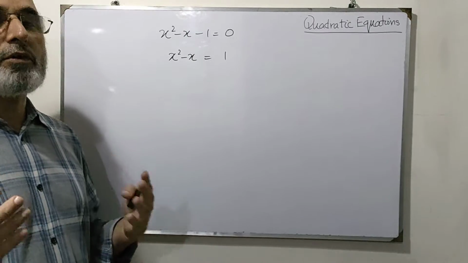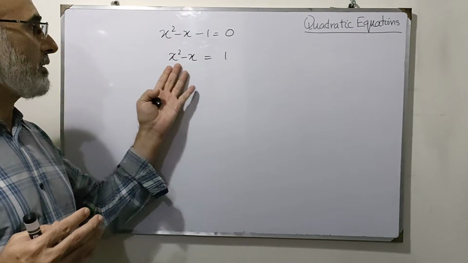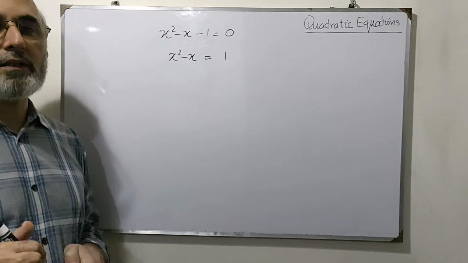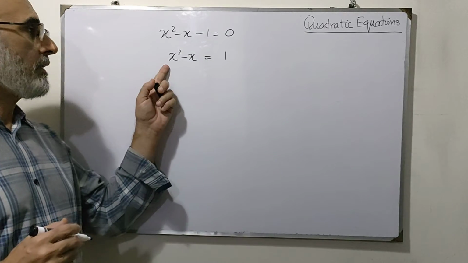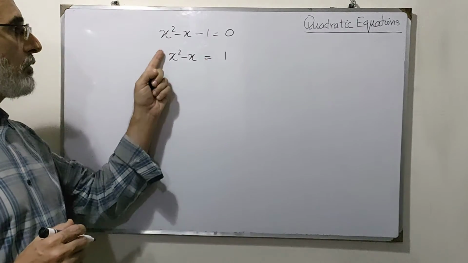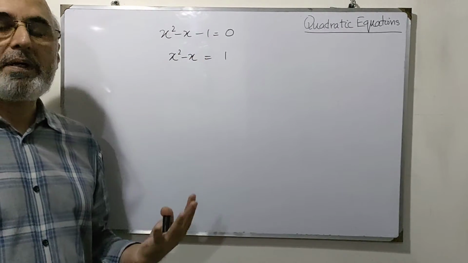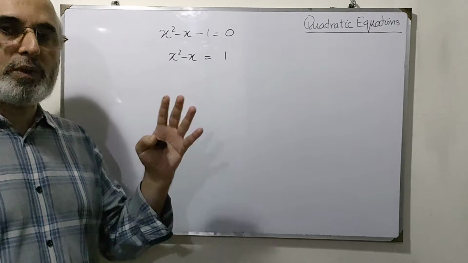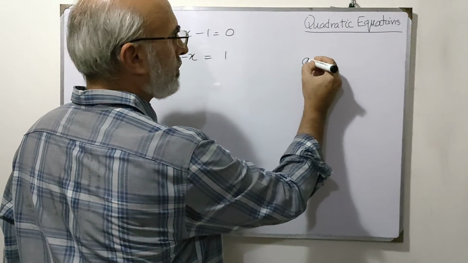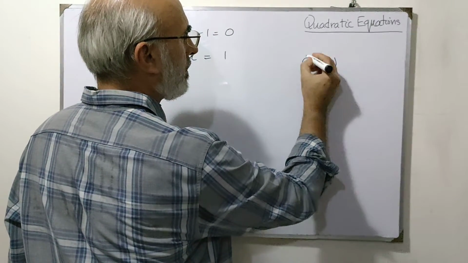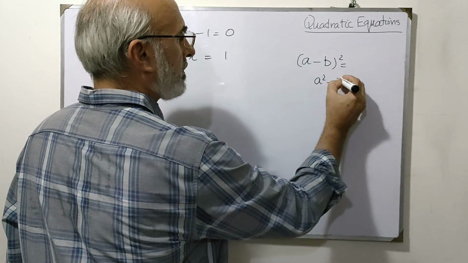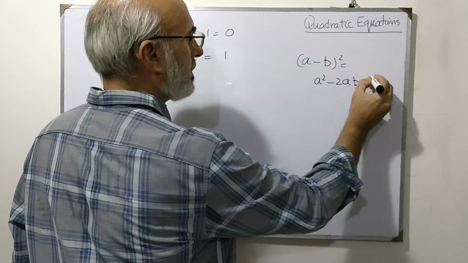So what are we going to do with this term? To have the proper squared term, I'm going to use an identity: a minus b whole square is equal to a square minus 2ab plus b square.